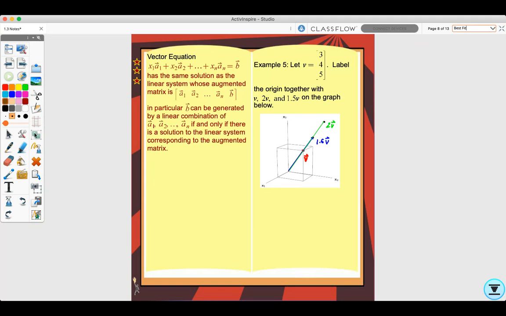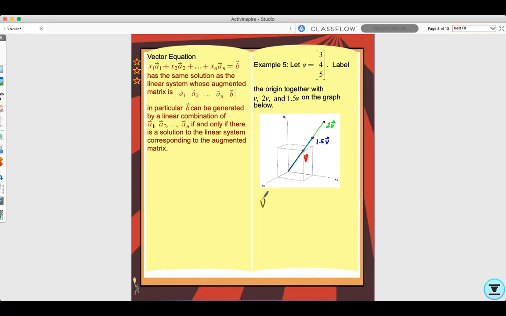Since they all lie on the same line, looking at this picture, v, 2v, and 1.5v all lie on the same line.